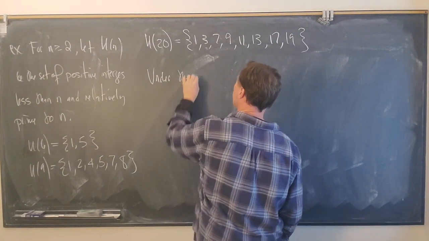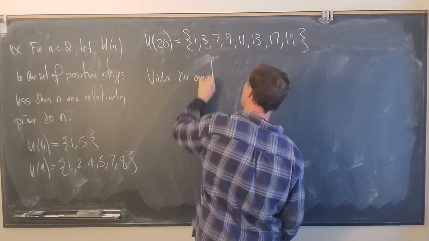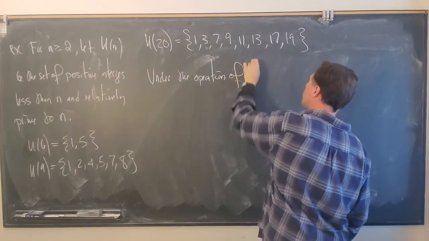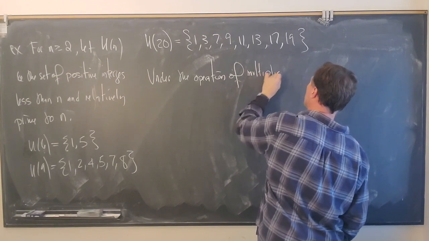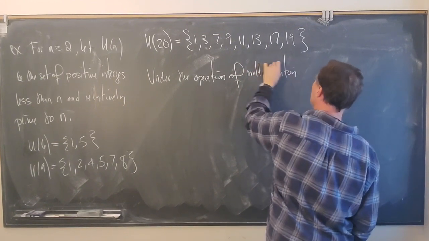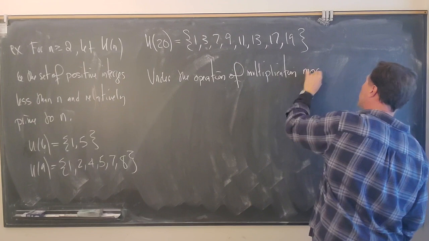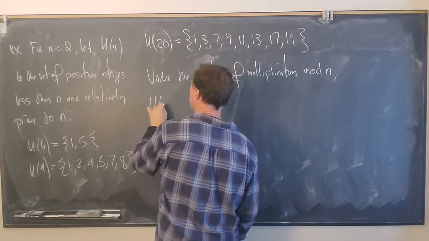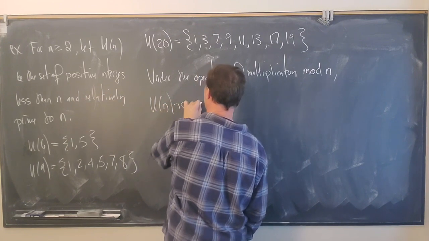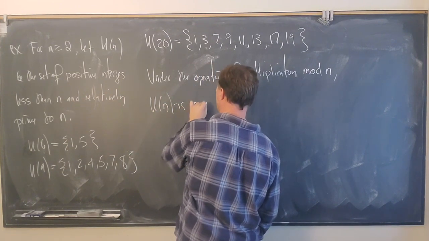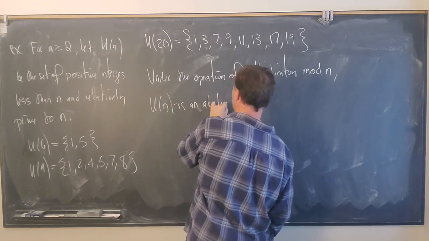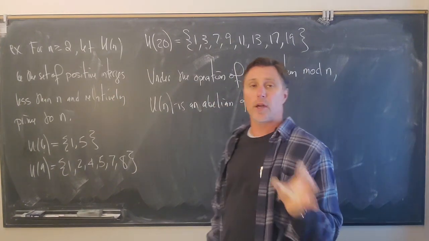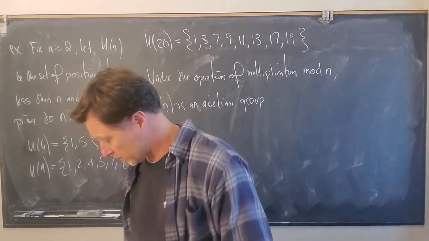So, under the operation of multiplication mod n, U sub n is an abelian group. And I believe, if I remember correctly, this is on your next homework. It asks you to actually prove this.